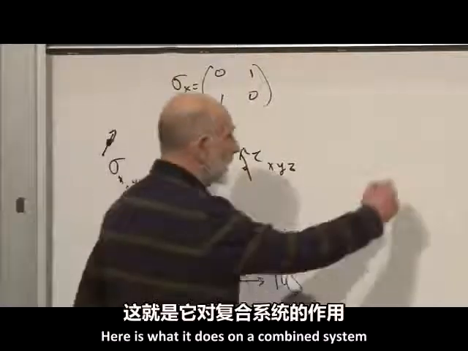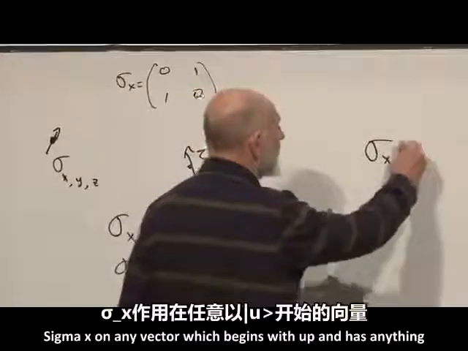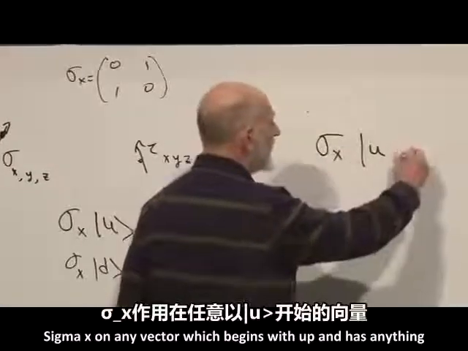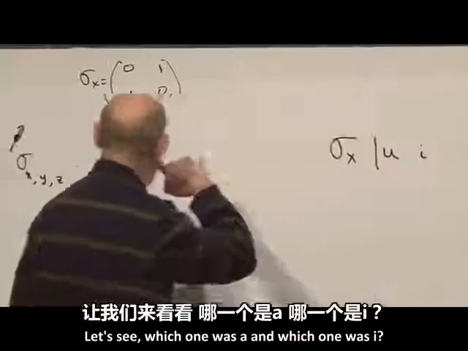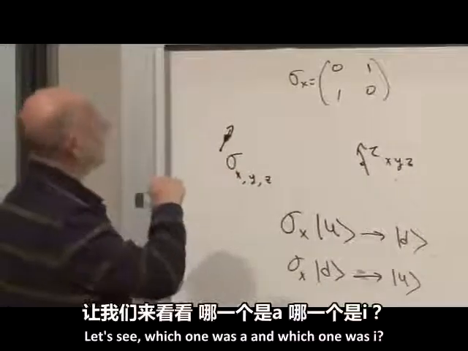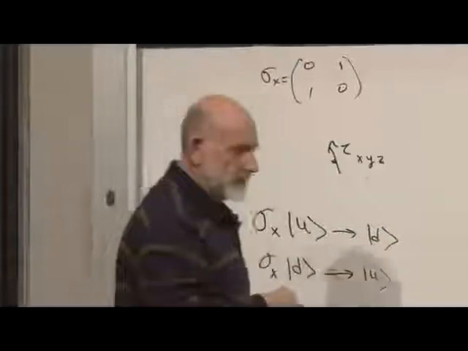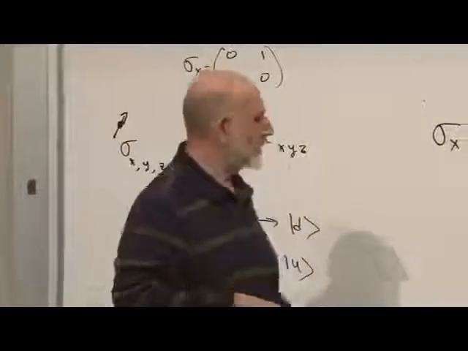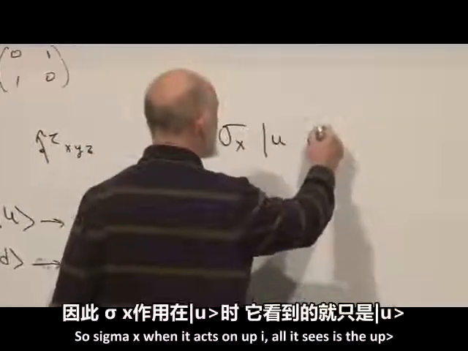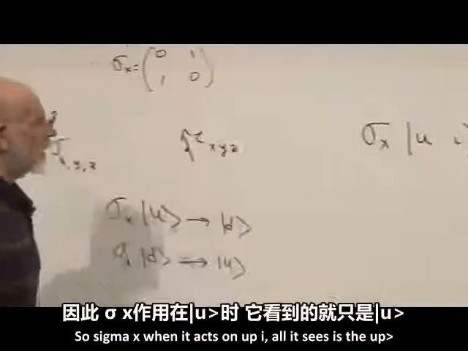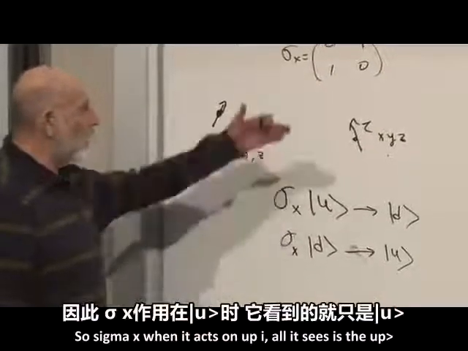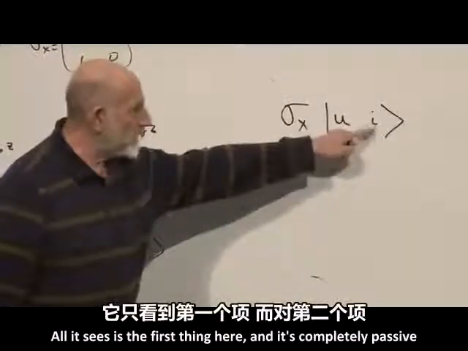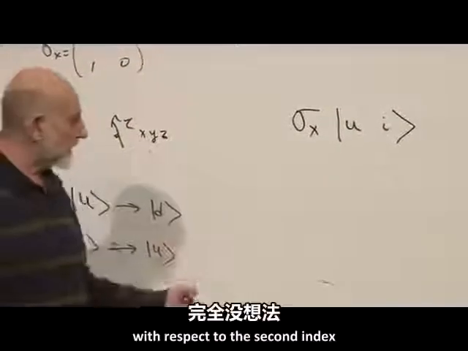Here's what it does on the combined system. Sigma x on any vector which begins with up and has anything, let's see, which one was A and which one was I? Second one was I? Tau went with I, okay. So sigma x, when it acts on up I, all it sees is the first thing here, and it's completely passive with respect to the second index.